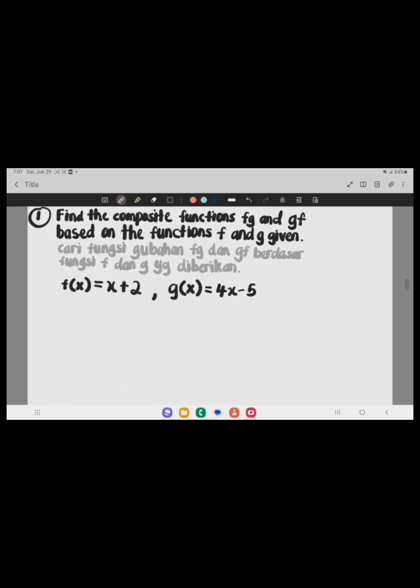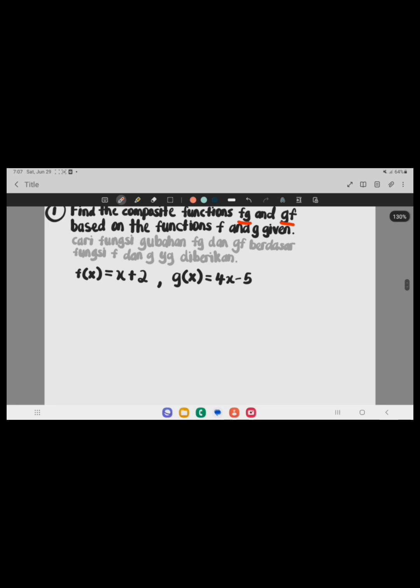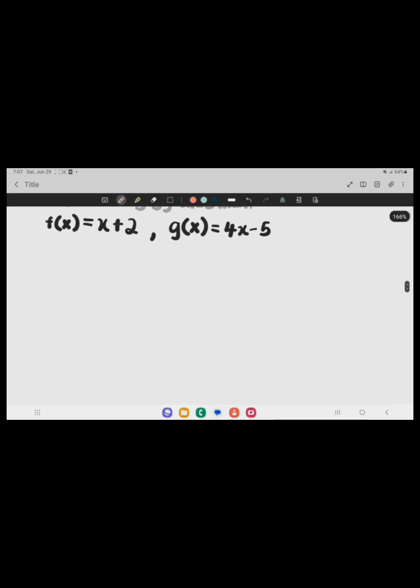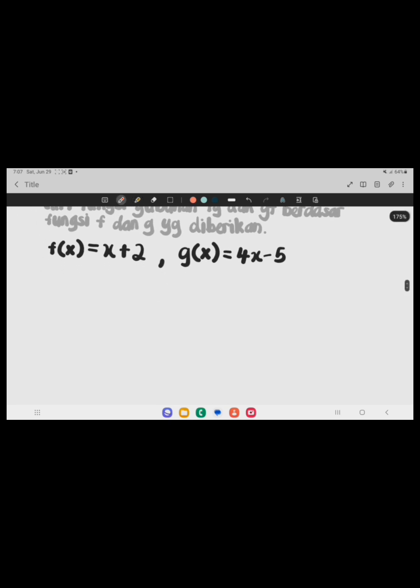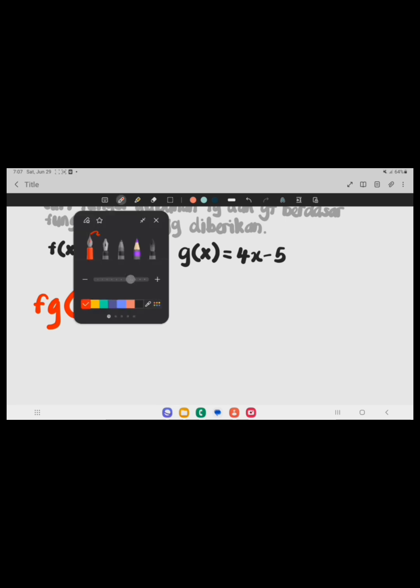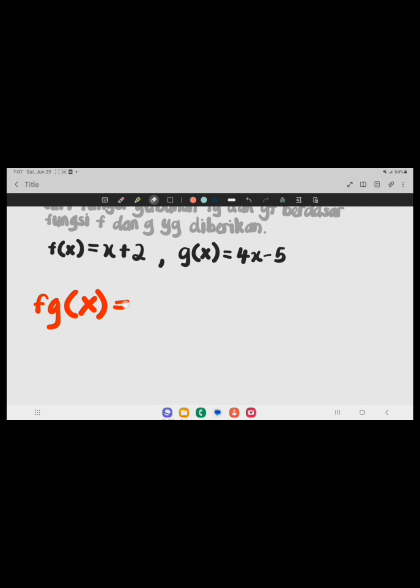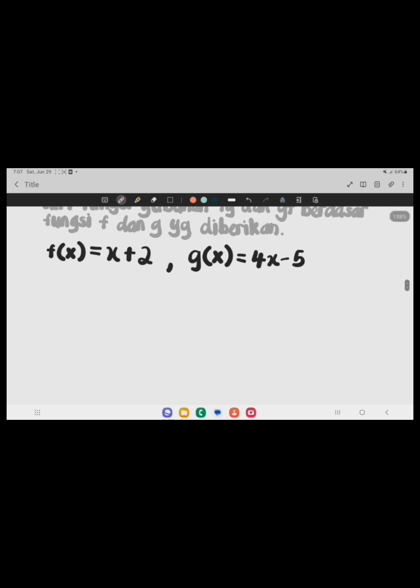Find the composite functions fg and gf based on the functions f and g given. The question wants us to find fg and also gf, so let's start with fg first. The first step must be splitting.